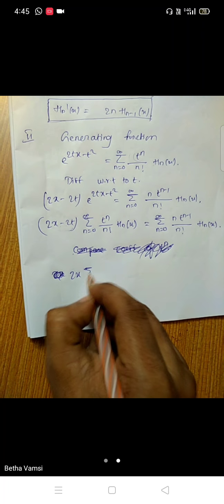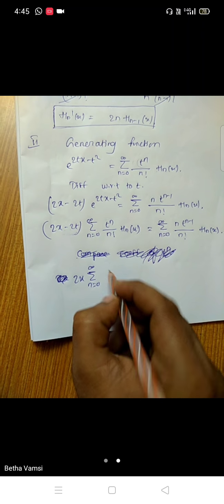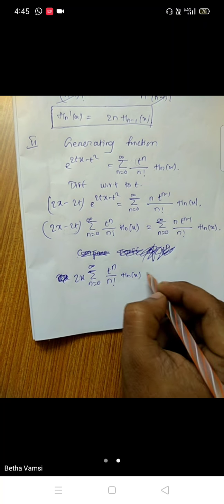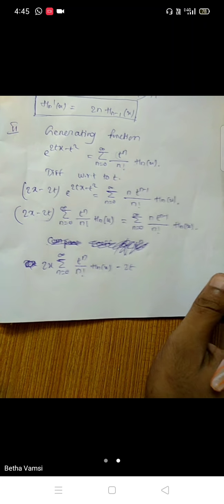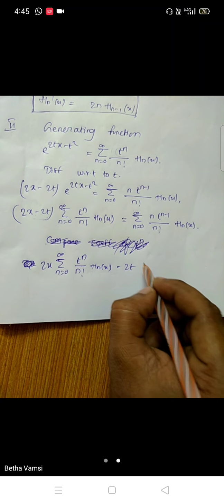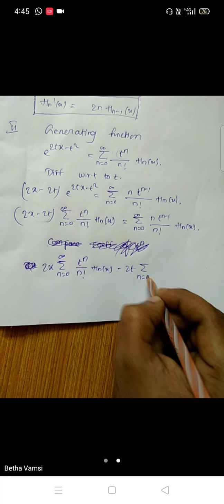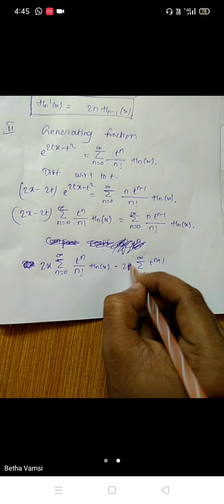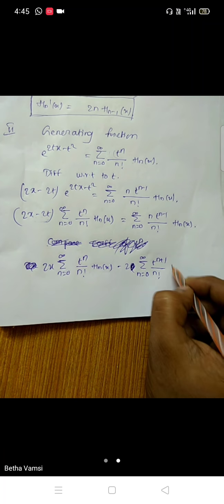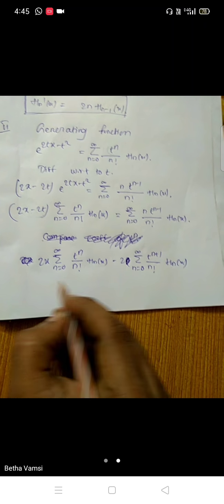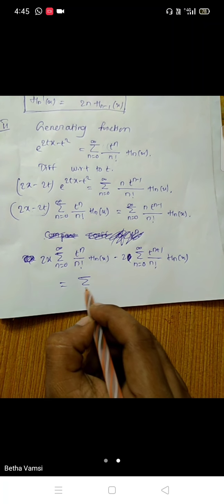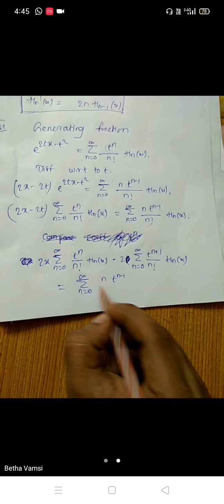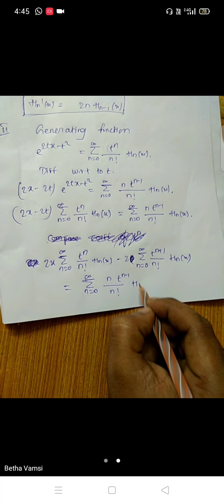So 2x into the summation of n equals 0 to infinity t power n divided by n factorial H_n of x, minus 2t into the summation of n equals 0 to infinity t power n plus 1 by n factorial H_n of x, is equal to the summation of n equals 0 to infinity n into t power n minus 1 by n factorial H_n of x.